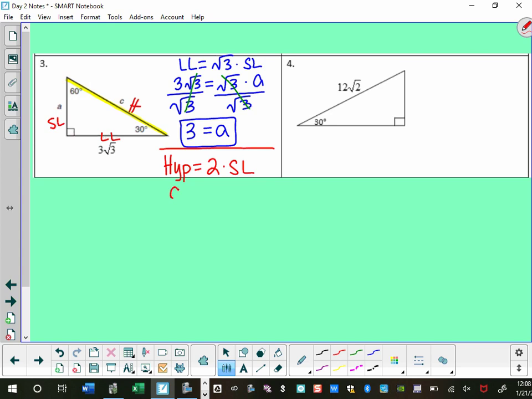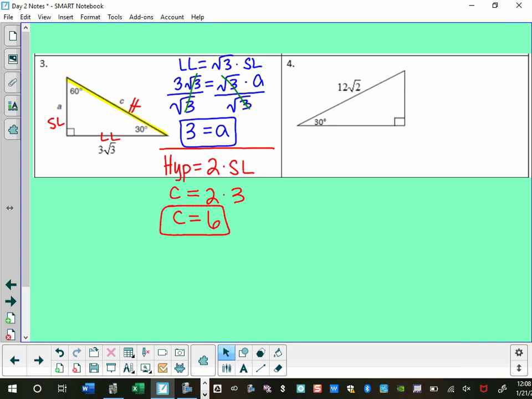So your hypotenuse is C, 2 times your short leg, which is 3. You should get 6. If you have a regular number for your short leg, that could save you some time. If my short leg was 2, I know my hypotenuse is 4. You're just multiplying your short leg by 2. But if you don't remember that, that's fine. Use your formula.